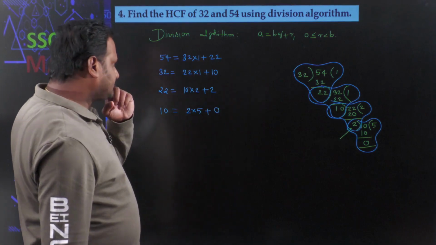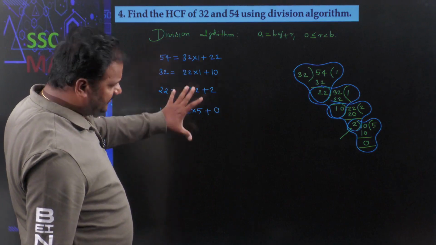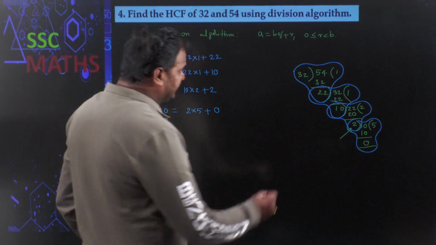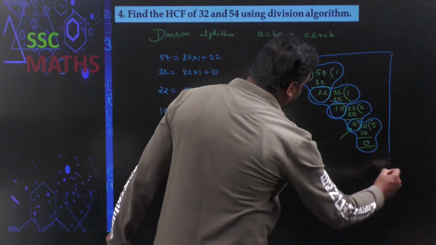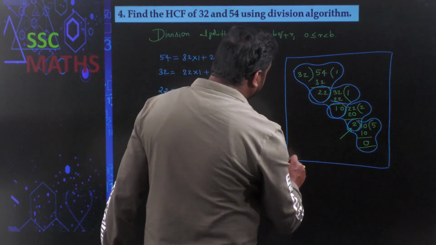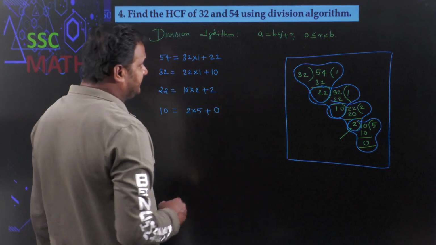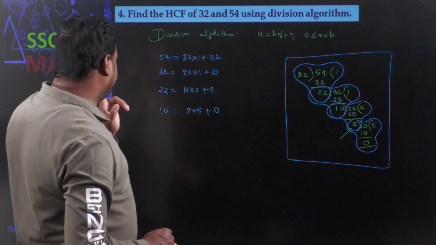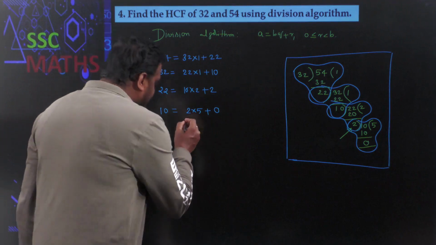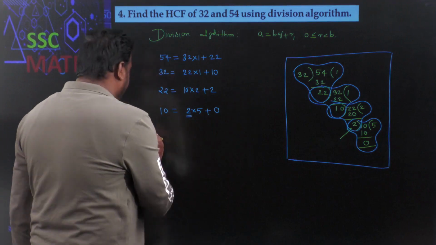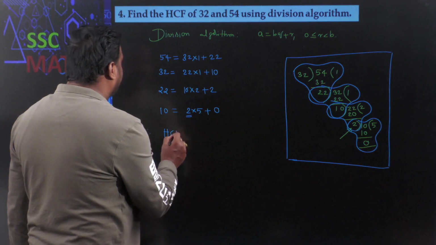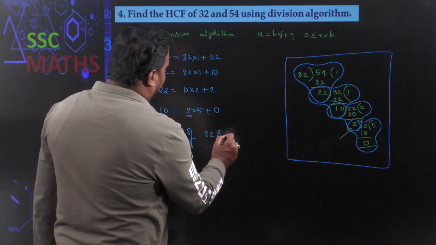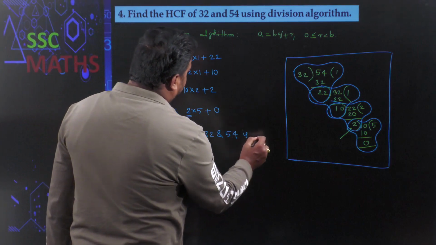So in fact you will have to write these steps without using this, but if you use this, then it would be easier for you to write every single division in division algorithm form, right? So here in the last division you get 2 as the divisor, therefore HCF of 32 and 54 is 2.